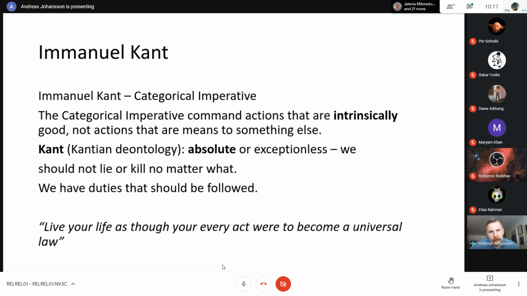What Immanuel Kant basically came up with was that there are certain rules, certain duties that we have as individuals, and these duties are absolute, exceptionless. There are certain rules that we should always follow. When we are looking at these rules, we often come back to the classic standard ones that we are potentially brought up into.